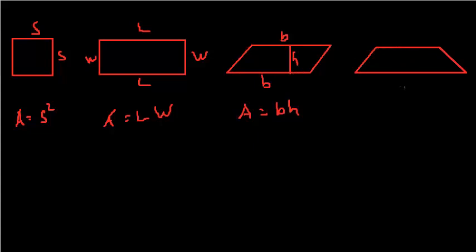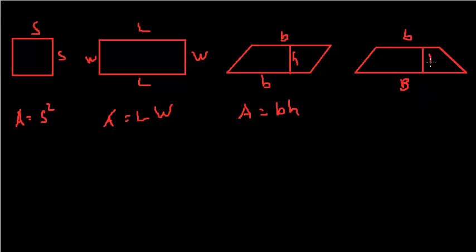And then this last figure here is a trapezoid, where the top and bottom are parallel and the sides are not parallel. We can call this bottom parallel line here our big base and our top our little base. Then we also need to know the height of this, again the distance from one parallel line to the other.